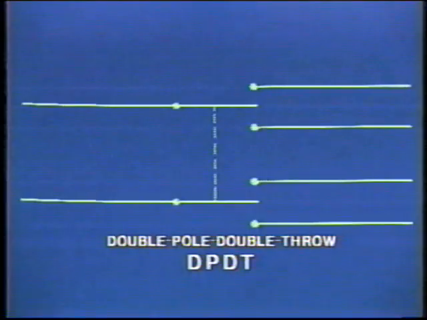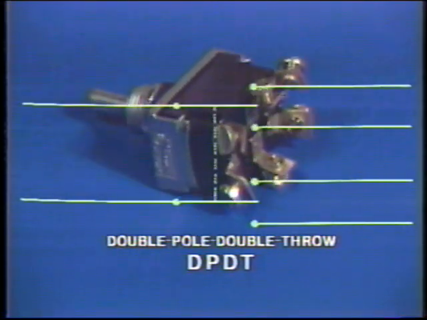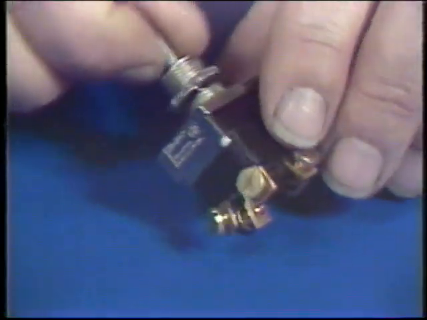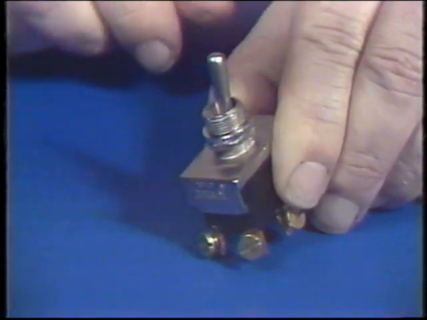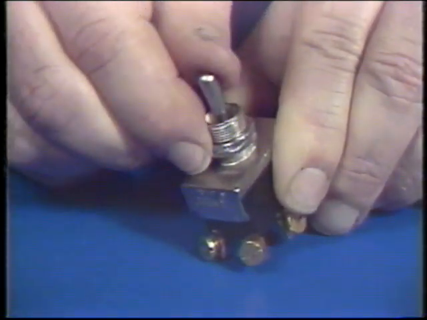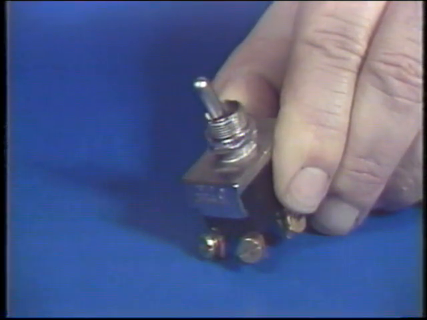A double pole, double throw, or DPDT switch is used to control two different circuits in two different positions. It may sometimes be found in the emergency power system, allowing the pilot to switch from one source of power to an alternate source.